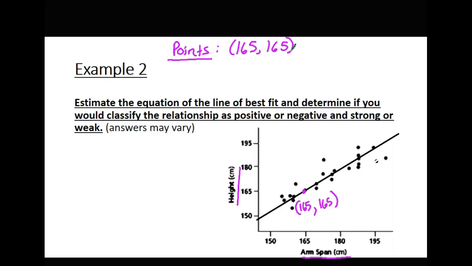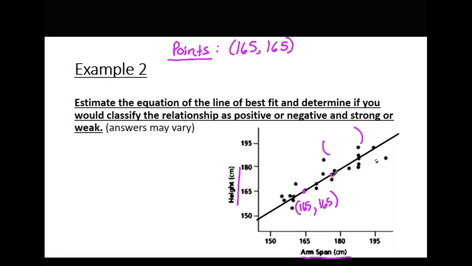Let's pick another one here. Let's do this one right here. It looks like it's nice on the line. So what would you say that x value looks like? Get to estimate here probably. 170? No, 177?